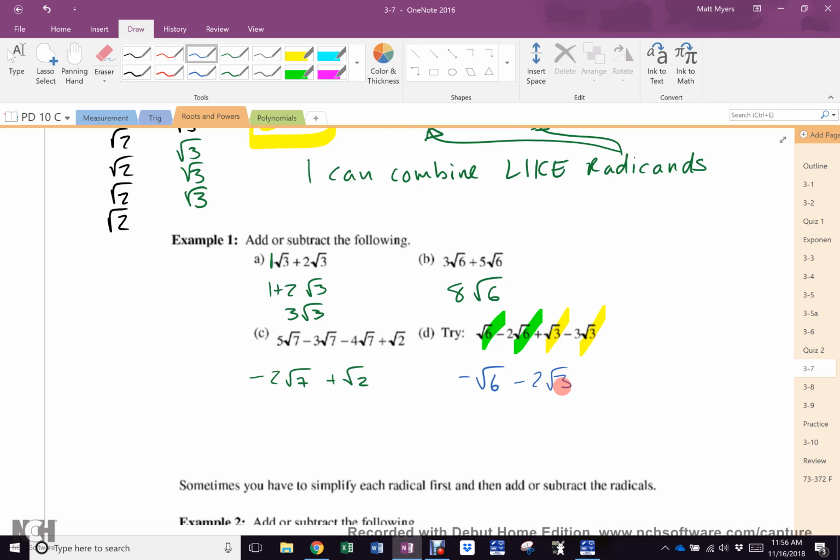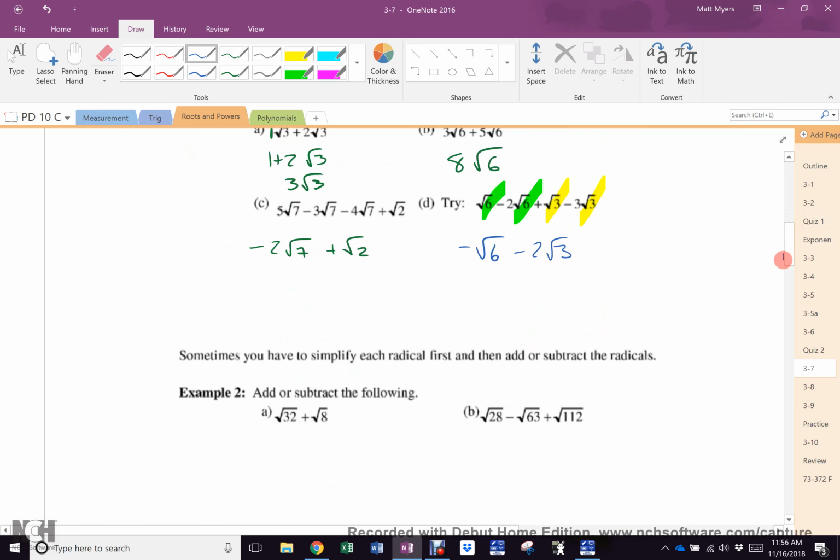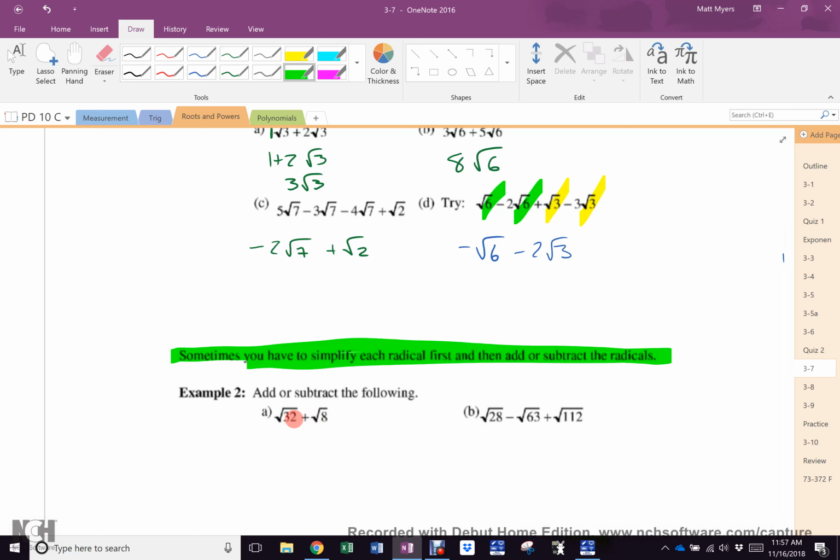Does that mean we get to forget all of our old knowledge? No, and I even reminded you that you can't forget all your old knowledge with that line right there. Simplify first. Right now, is that addable? Of course not. Why? Because they have different radicands.